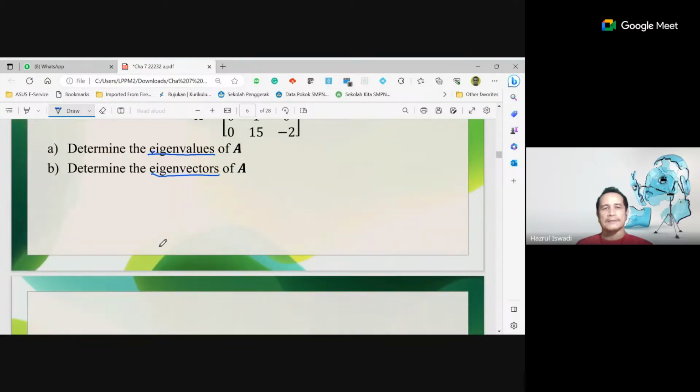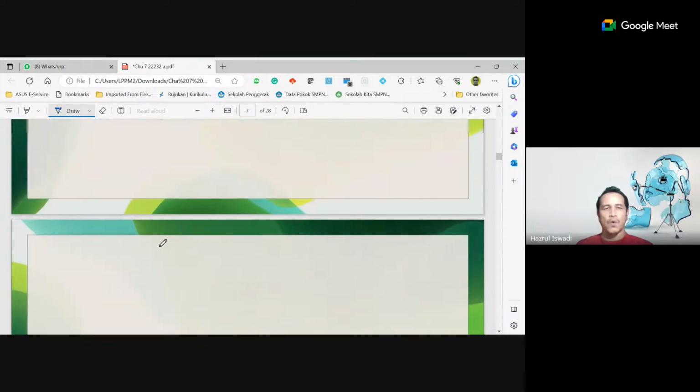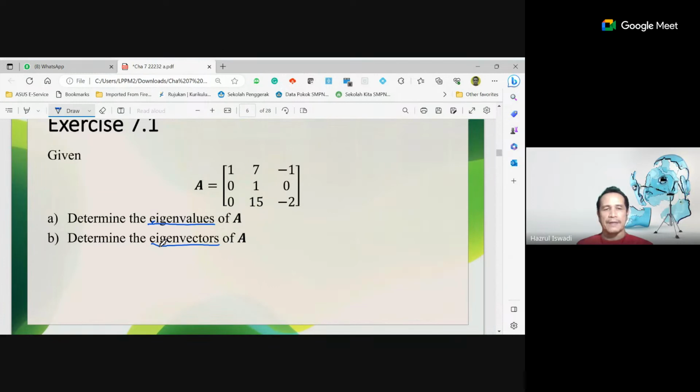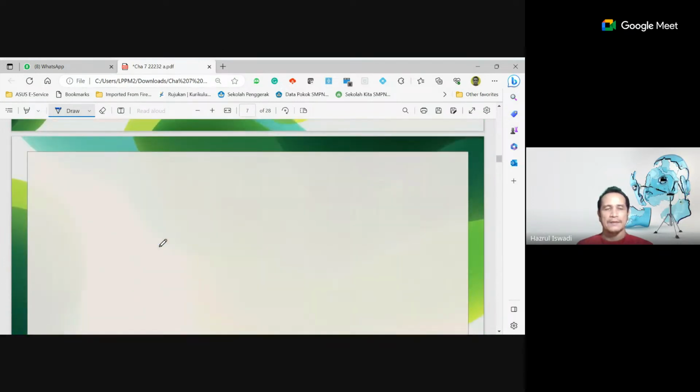Okay, let's show how to find the eigenvalues of A and the eigenvectors of A. To find the eigenvalues, I write the formula: the determinant of A minus lambda identity is equal to 0.